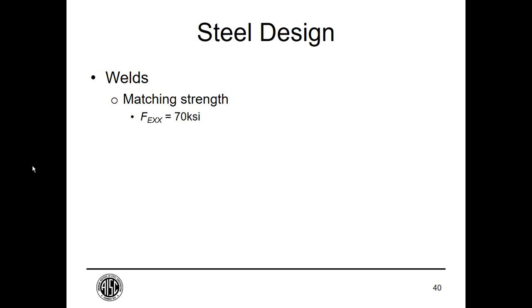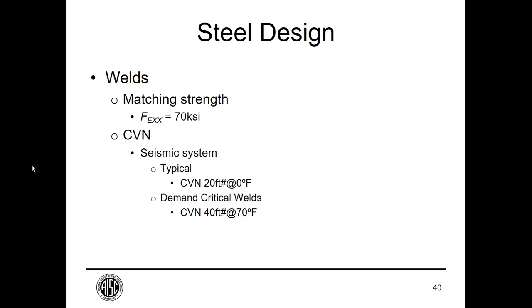All right, so welds will use 70 ksi material with a Charpy V-notch toughness, 20 foot-pounds at 0 degrees, and where we have these demand critical welds that will come up in sessions L3 and L4, we need to specify 40 foot-pounds at 70 degrees. Those are welds where we expect inelastic strain.